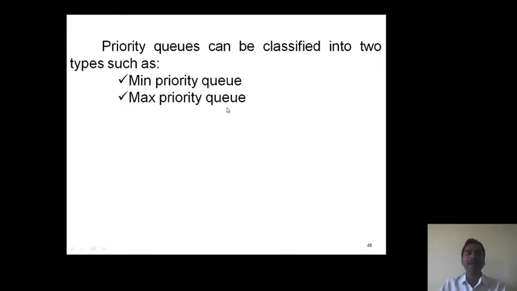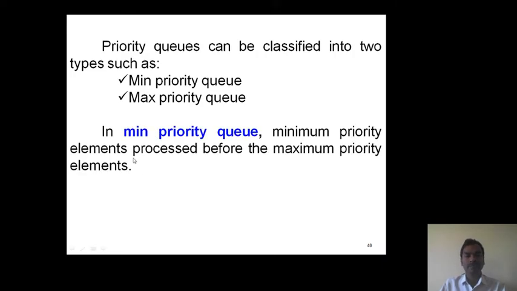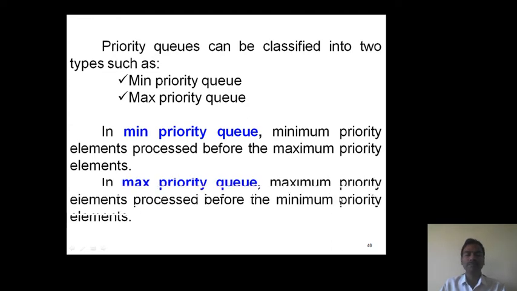In a max priority queue, the maximum priority element is processed first, then the low priority element. So in a min priority queue, minimum priority elements are processed before maximum priority elements. In a max priority queue, maximum priority elements are processed before minimum priority elements.